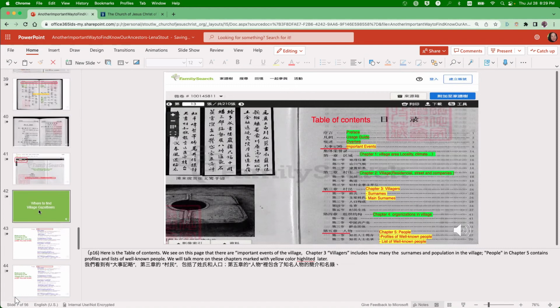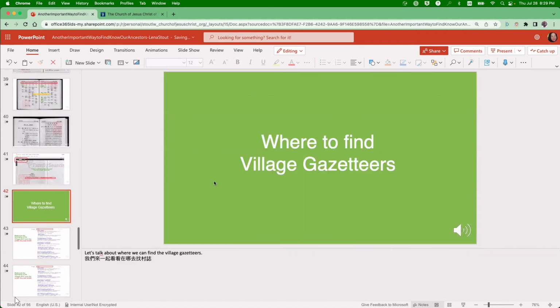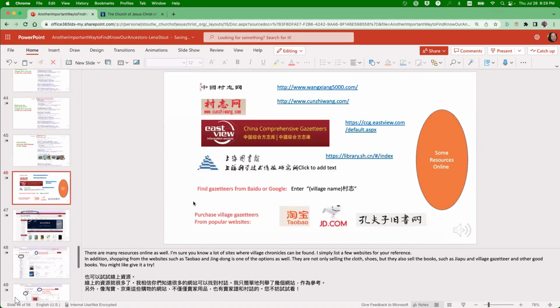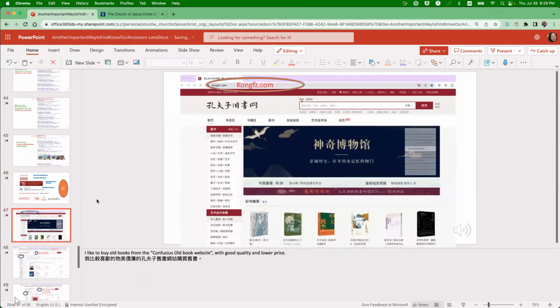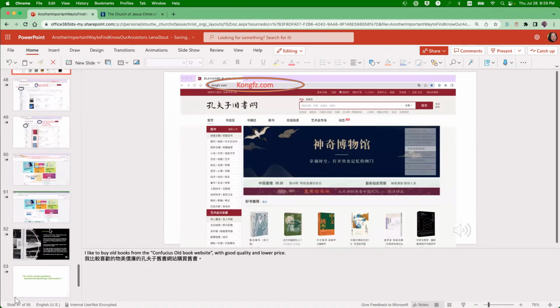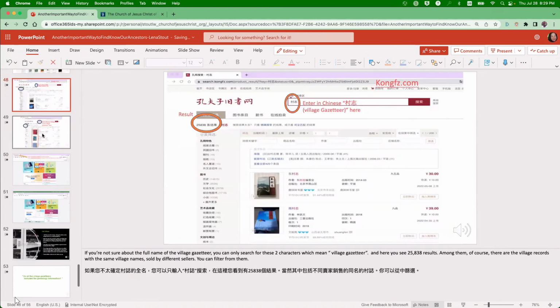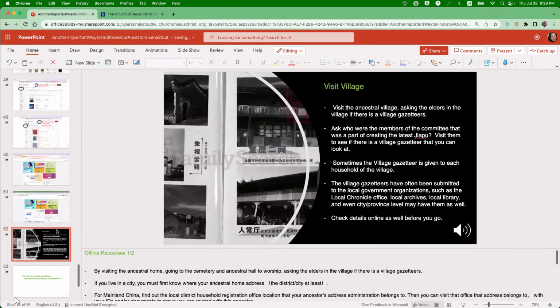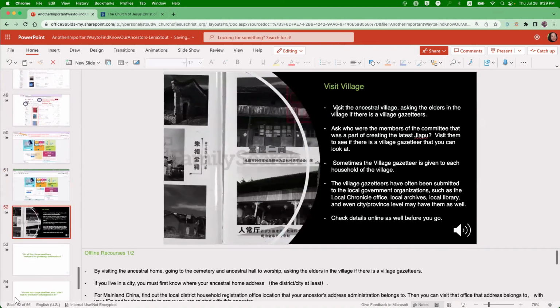But anyway, I shared where we can find the village gazetteer, some websites, and I told you my favorite place to purchase this book and how to do it, in great detail.